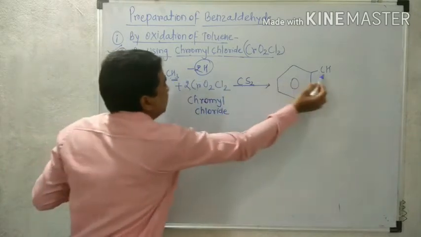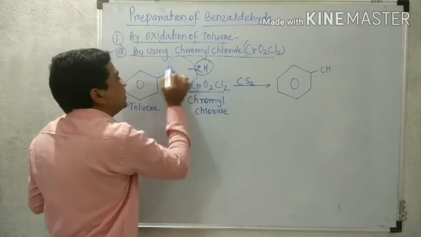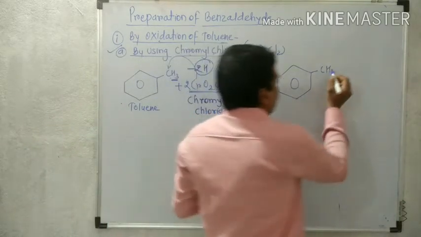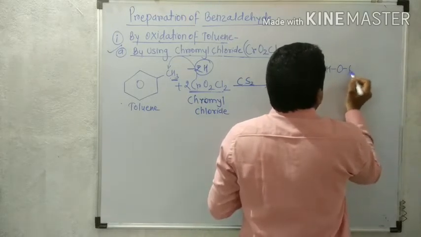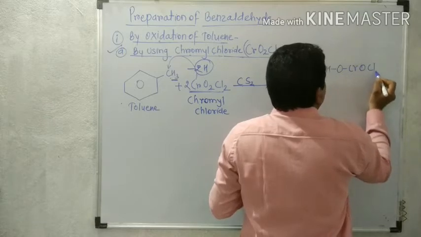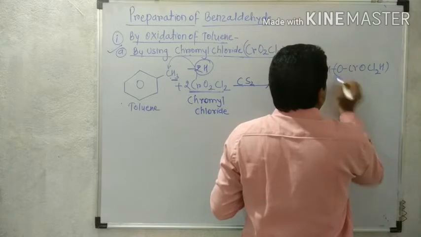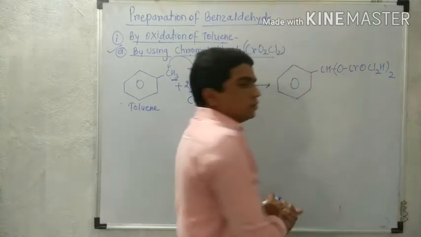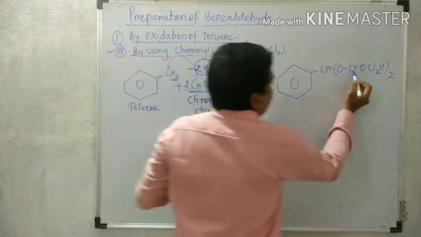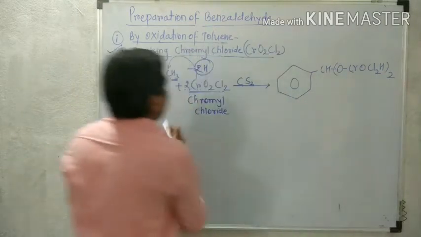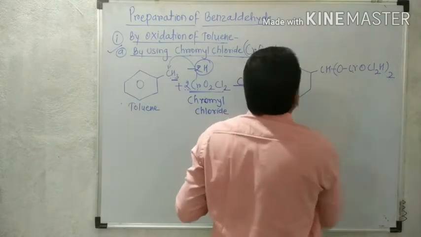So after CH, these two complete molecules get added to the CH, like that: O, CrO, Cl2, H. By these two complete molecules there are two chromium and 2 into 2 Cl2, that is 4 Cl.